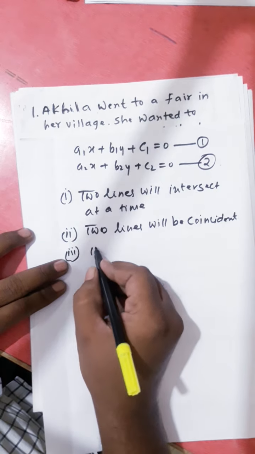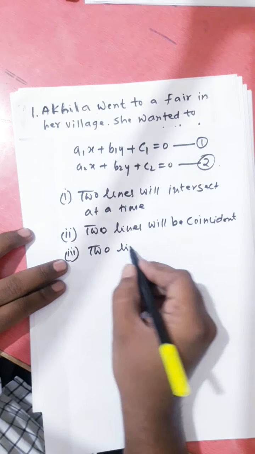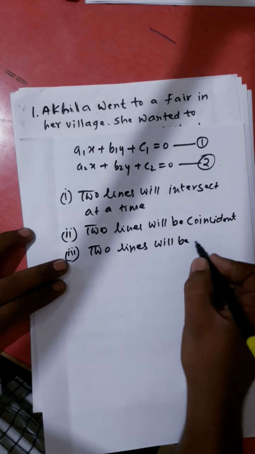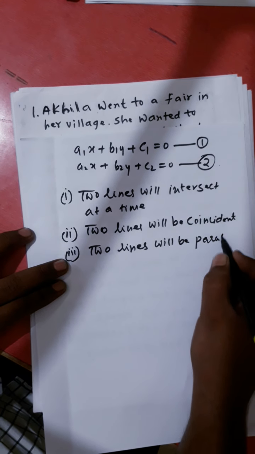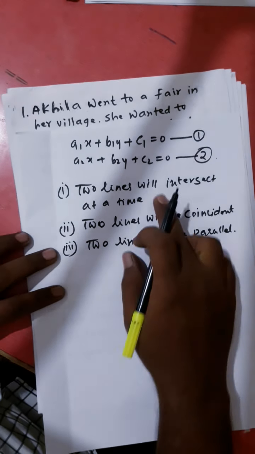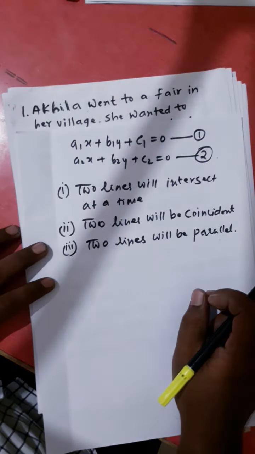And the third possibility is two lines will be parallel. In that video, I have discussed one example for each case.